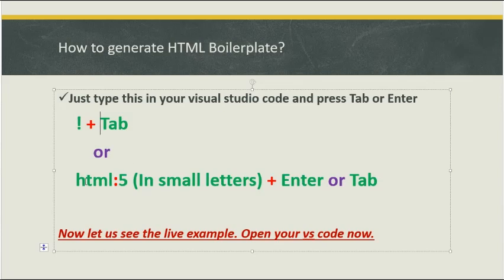Or we can write html:5 in small letters, then press enter or tab, then we see the boilerplate being generated for us. So I think that's the explanation concerning the HTML boilerplate. This was very simple and straightforward for beginners.